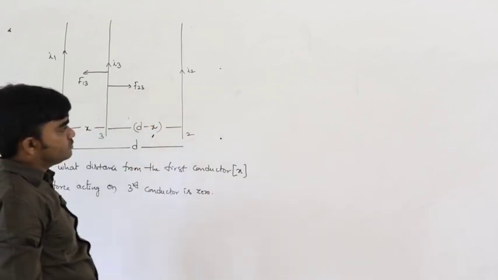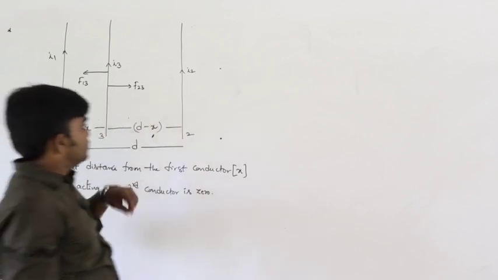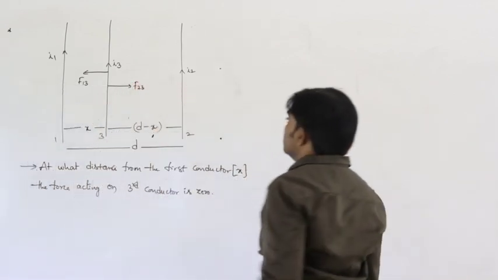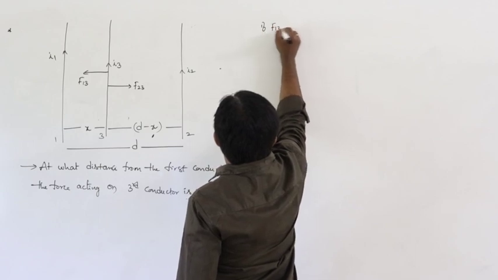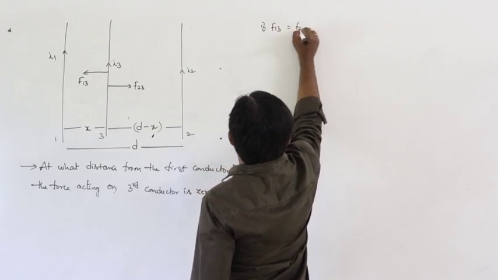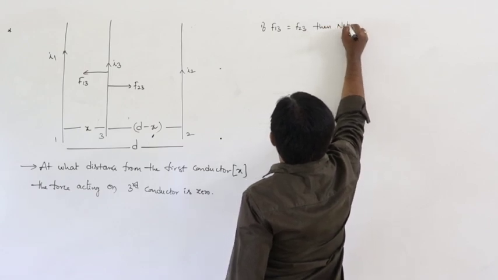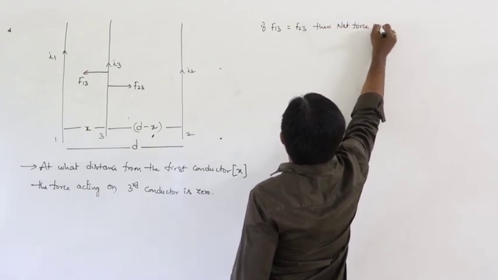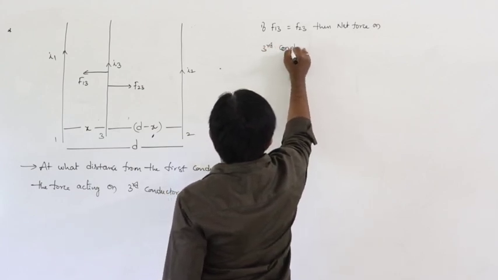Now, what is the situation? If F13 is equal to F23, then the net force on the third conductor is 0.